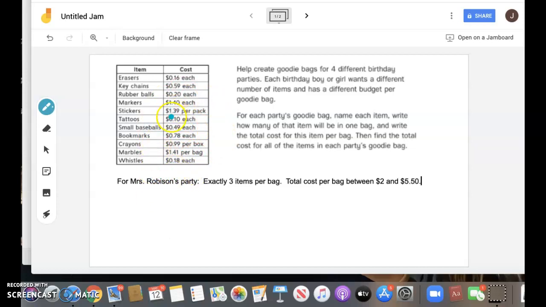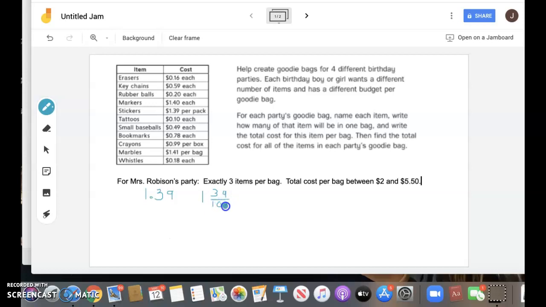So I might choose to put stickers in my goodie bag. So a sticker is $1.39 per pack. Okay, that's the same as having 1 whole and 39 hundredths, because there's 100 pennies in a dollar.